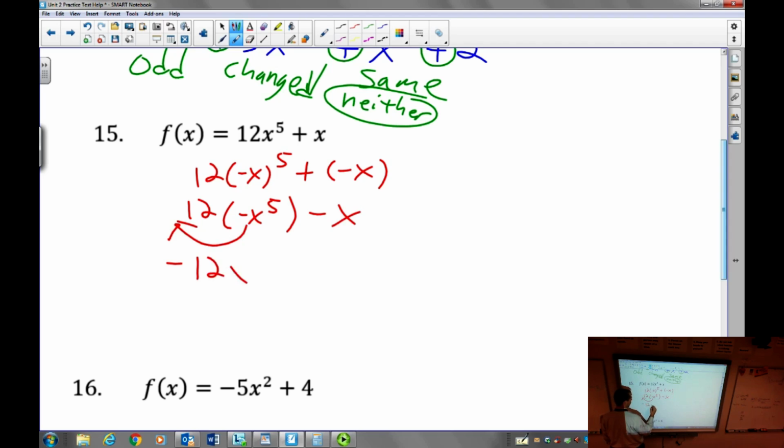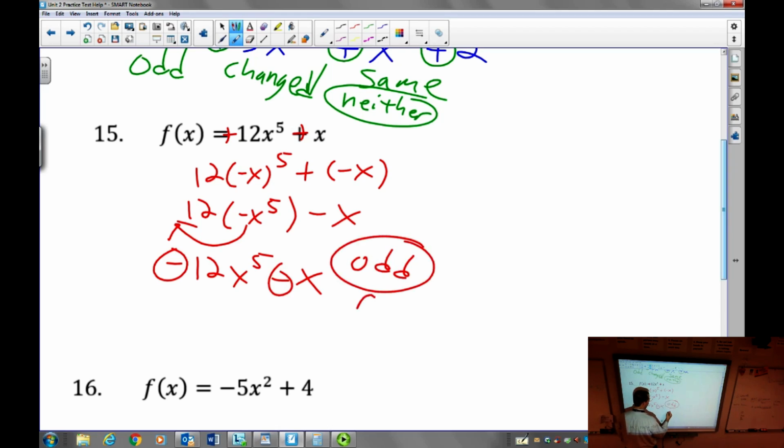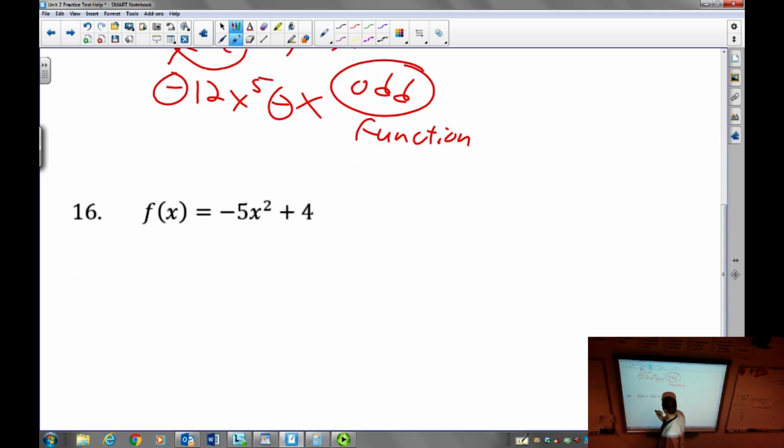So we get a negative 12x to the 5th minus x. Now we look at the original signs. It was positive, positive, but it became negative, negative. That means that this function is indeed odd. Woo! Odd function. So not degree now. That's something different. Odd function. Excellent.